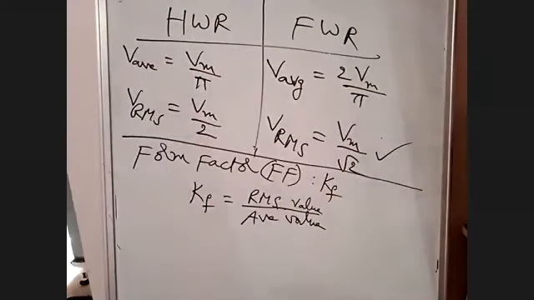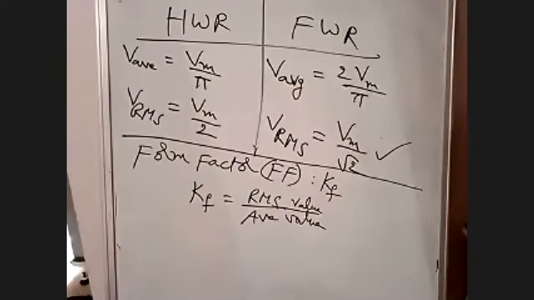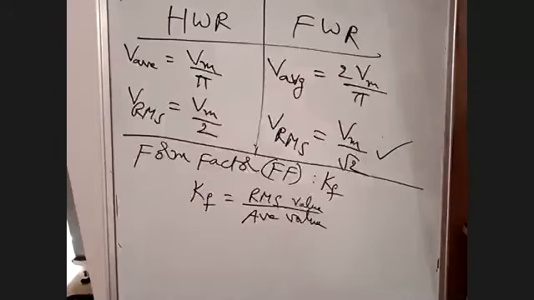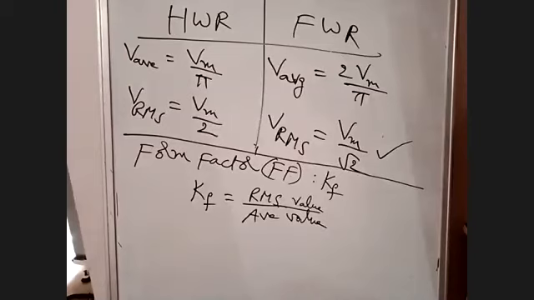Form factor is represented with Kf, K suffix F. The formula is RMS value by average value.